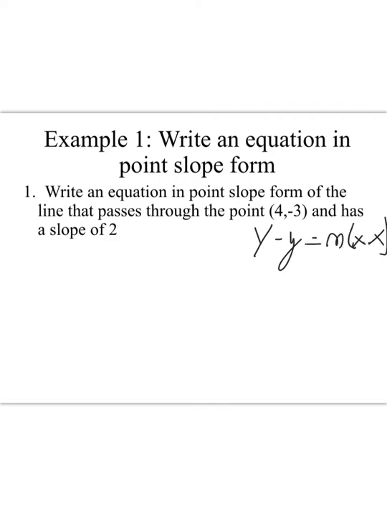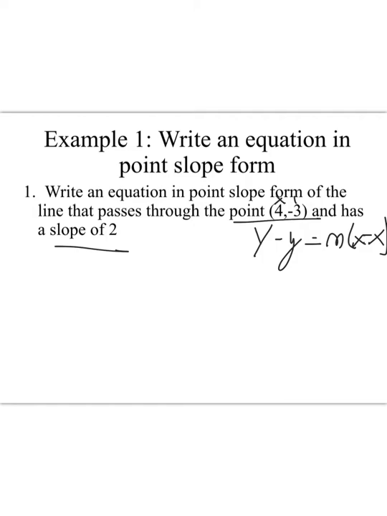It's known as point-slope form because the only thing you need in order to write the equation is a slope and a point. So in this particular problem, we have been given a slope of 2 and the point of 4, 3. So all we're going to do is plug it in.